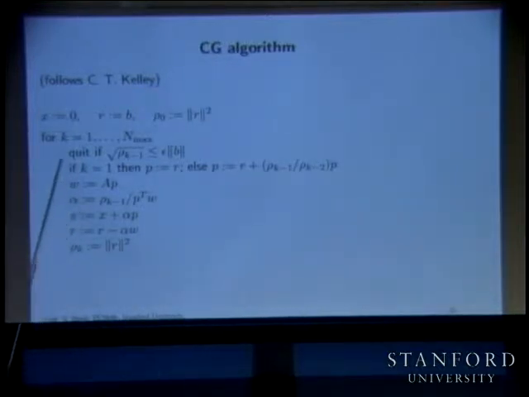Then all of the effort in here, not necessarily, but in most cases, is right there, this one thing right here. This is where you call the multiply A method. Everything else is actually an O of n or a BLAS level 1 call. For example, here you update a vector, that's O of n.